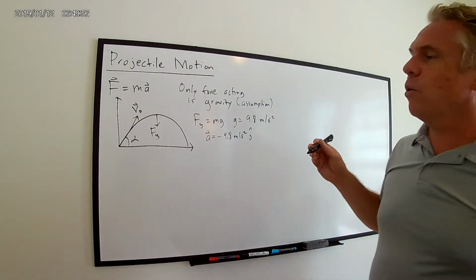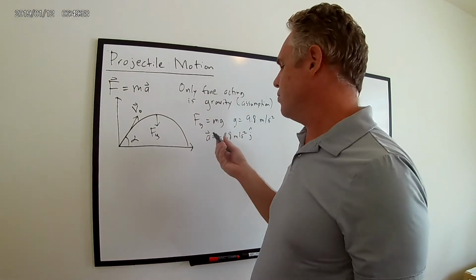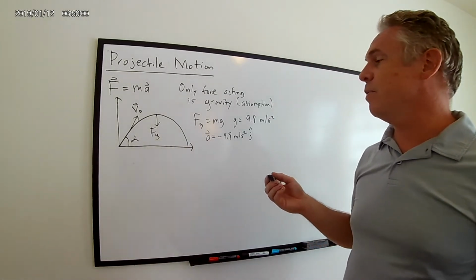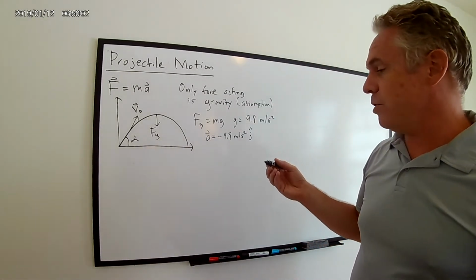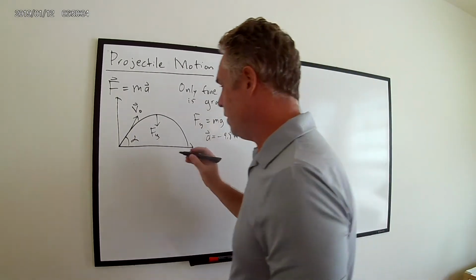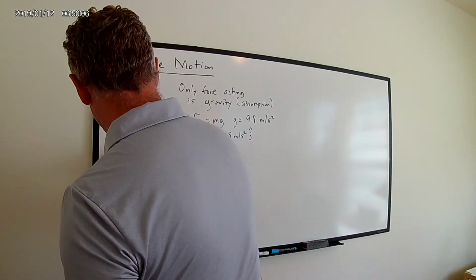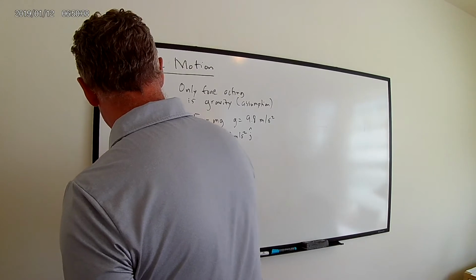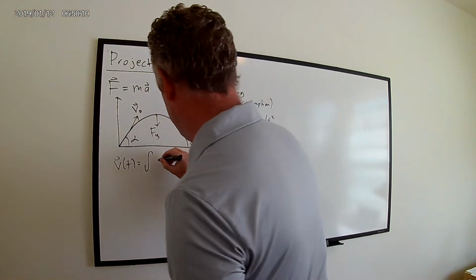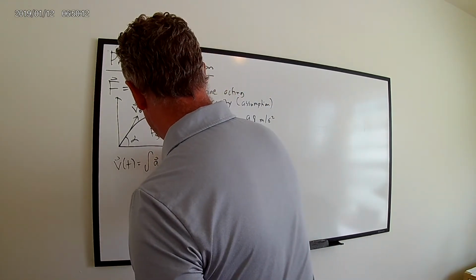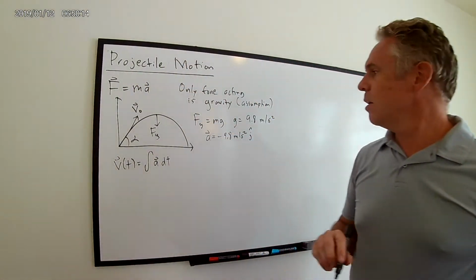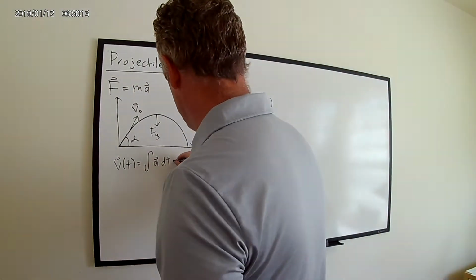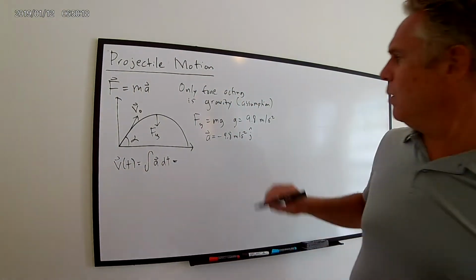We want to find equations for the velocity and position, given our acceleration. Now we know how to do that because we did it in the last class. The velocity as a function of time is equal to the integral of the acceleration times dt. So now we're going to integrate. I'm going to leave this as g.